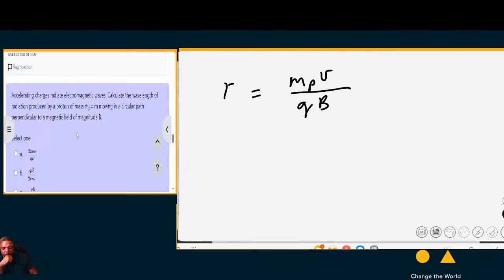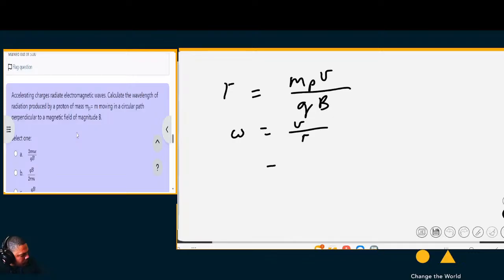Now angular frequency of any motion, remember, is just the velocity divided by the radius, which is the same r there.